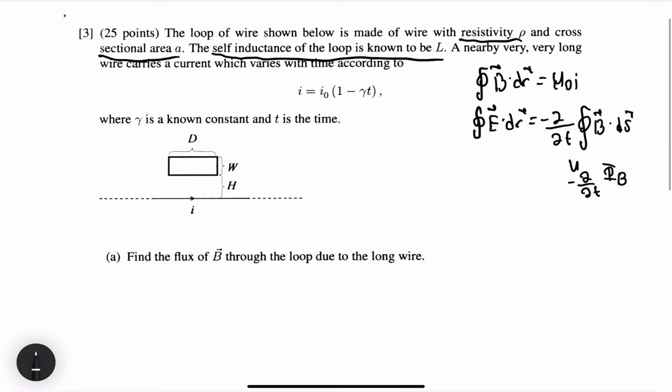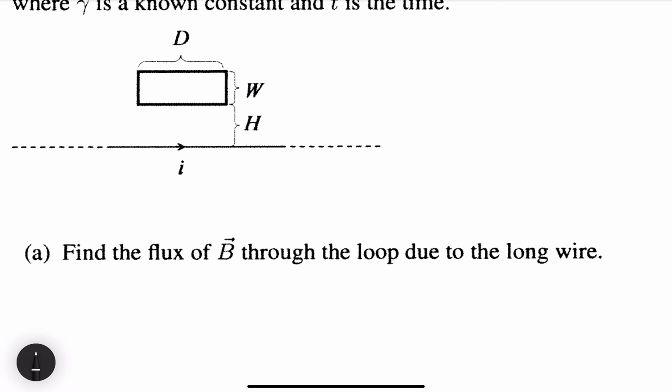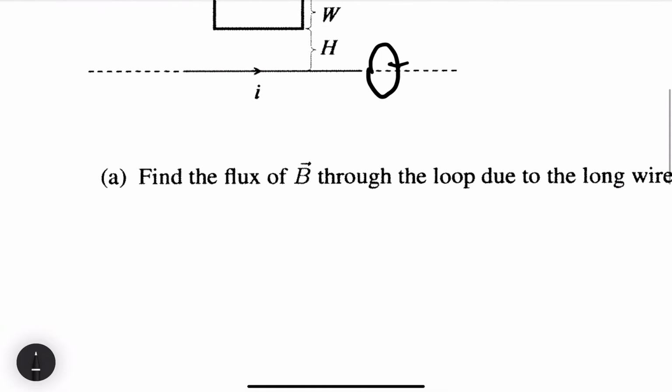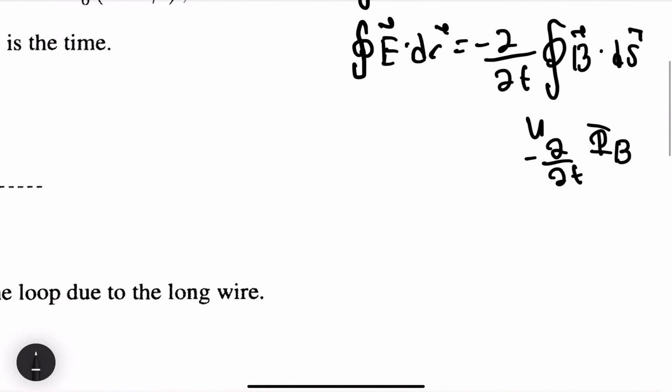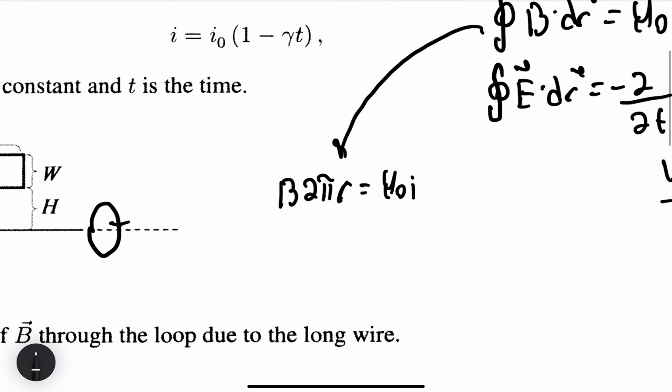So let me use Ampere's law to find what the magnetic field is. So I'm going to create a loop, right? So this is my loop. Then I would get that B 2 pi r is equal to mu naught I, the current enclosed.